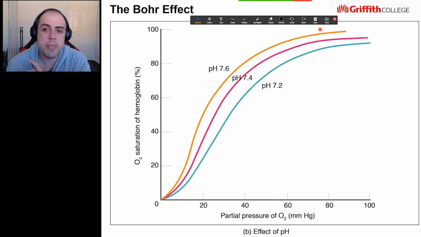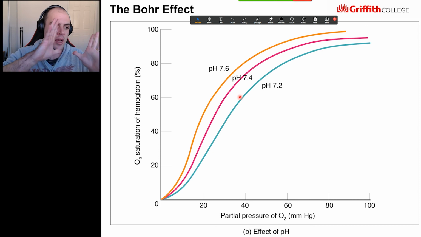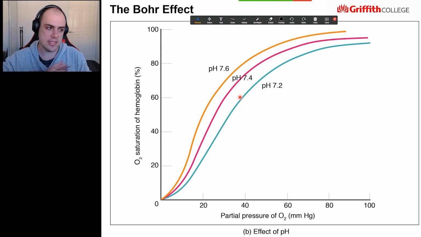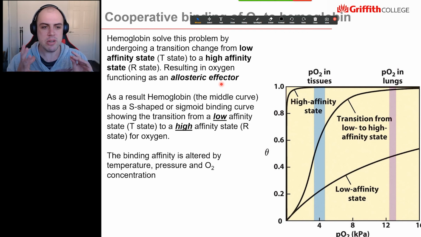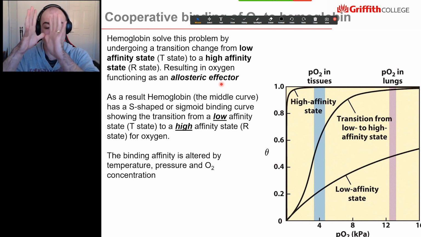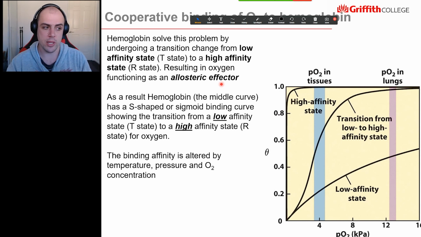Yeah, Morgan? pH and oxygen concentration is what will cause it to change from T state to R state, or R state to T state. No, it would change to T state. What's happening here is that in the lungs, our hemoglobin is going to be in its R state because we want it to scoop up all those oxygen molecules and hold on tight. We can push it into its R state by basically throwing oxygen molecules at it because we have so much oxygen in our alveoli.